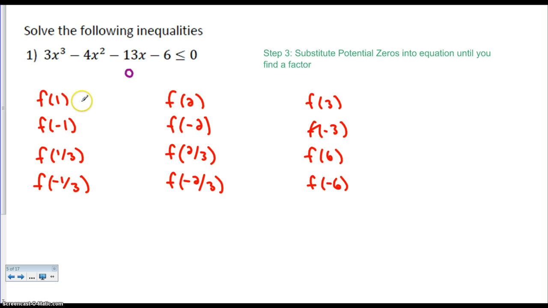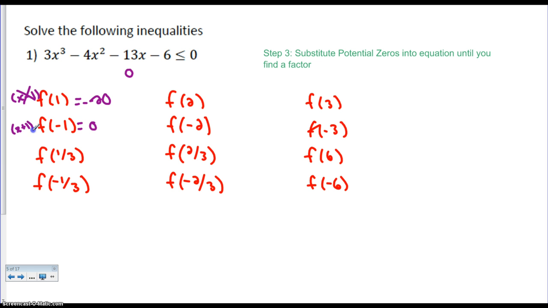If I plug 1 in, I get -20, so x minus 1 is not a factor. If I plug -1 in, I get 0. So what that means is that x plus 1 is a factor.